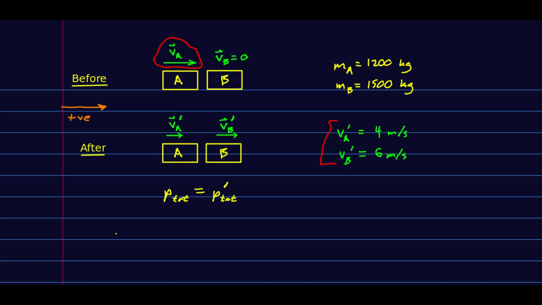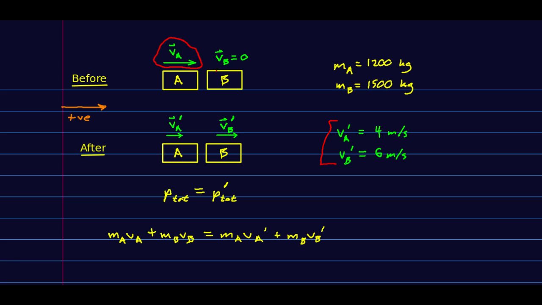So let's just write all that out. MA VA, there is the momentum of car A before the collision, plus MB VB, there's the momentum of car B before the collision, is MA VA prime plus MB VB prime. This is the total momentum before equaling the total momentum after.